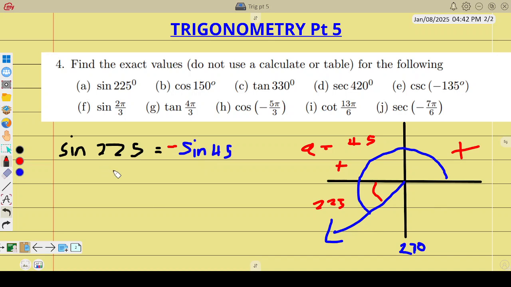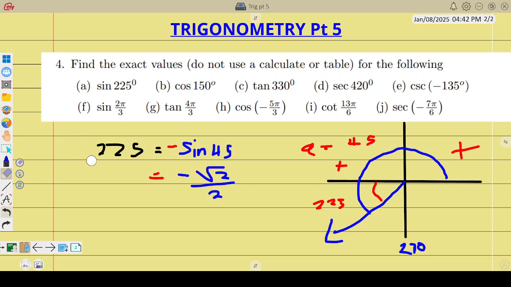And then we evaluate. What is sine 45? It's square root of 2 over 2. You remember the hand rule. Okay, so that was the baby stuff.